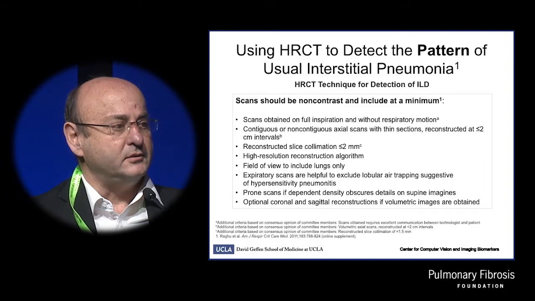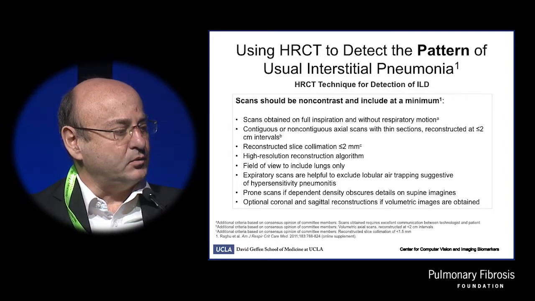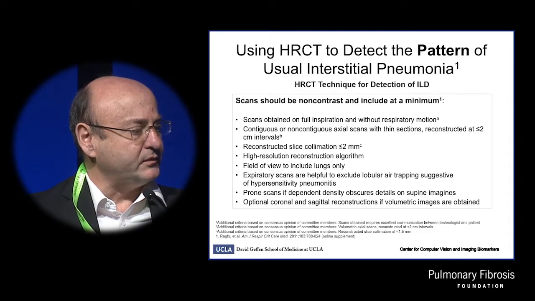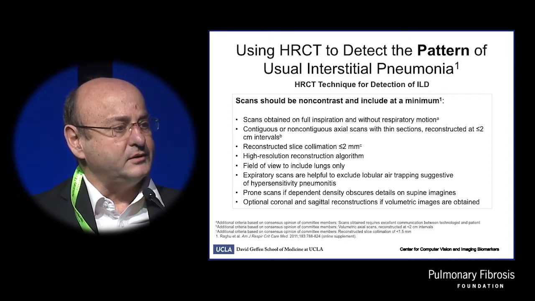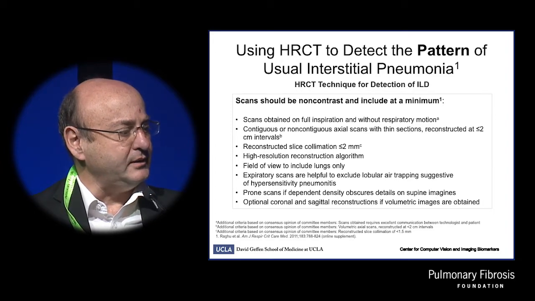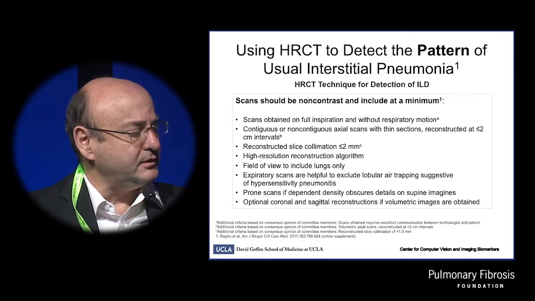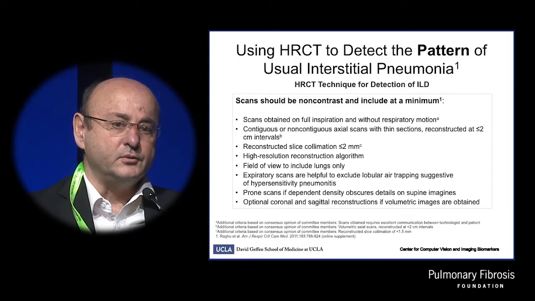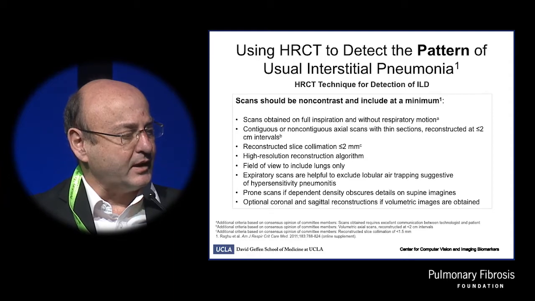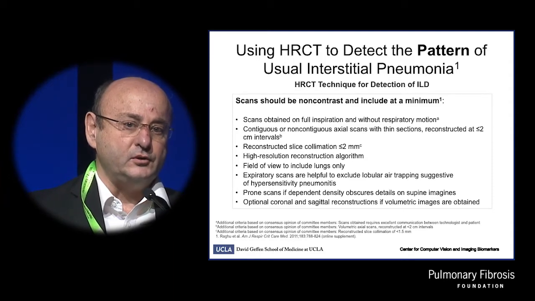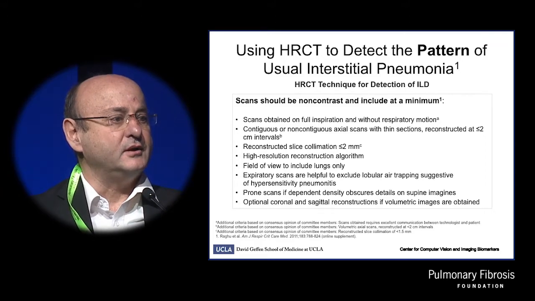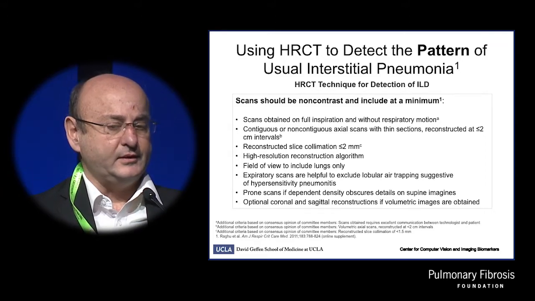Up until now, it has been suggested that all they need to be is full inspiration films taken with non-contiguous axial images, 1 millimeter every skip 10 or 20, reconstructed thin, less than 2 millimeter, with a high reconstruction algorithm, and that you should do some expiratory scans, and where necessary, do prone scans. This is the best we have in the published literature for guidance on how to do the CT.